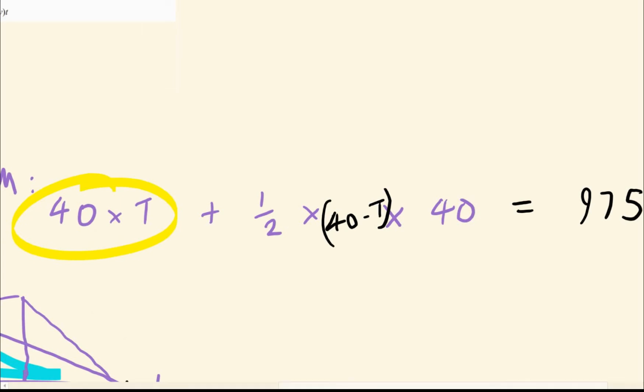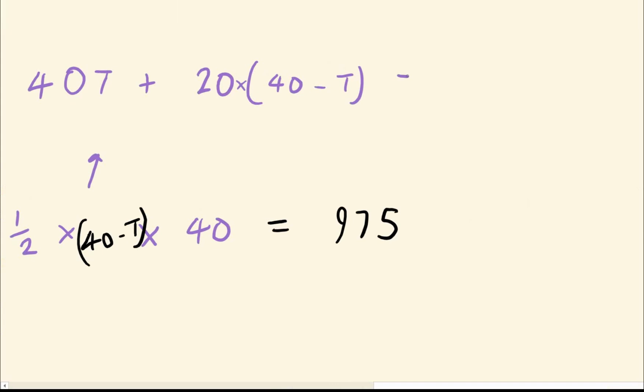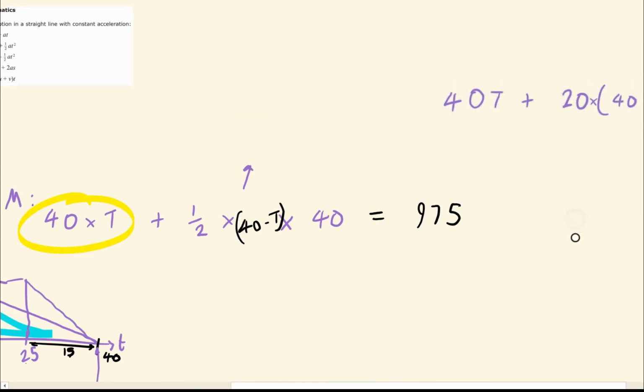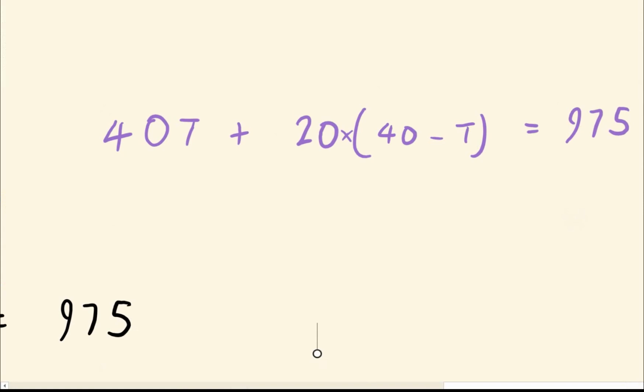So let's go through this. We have 40t. Let's clean this up slightly this time. We've got a half times 40, so it's 20 times 40 minus t, and that equals 975. So all I've done is written 40 times t as 40t, and the 20 comes from doing a half times 40. We're now pretty much there. Let's expand this bracket out.